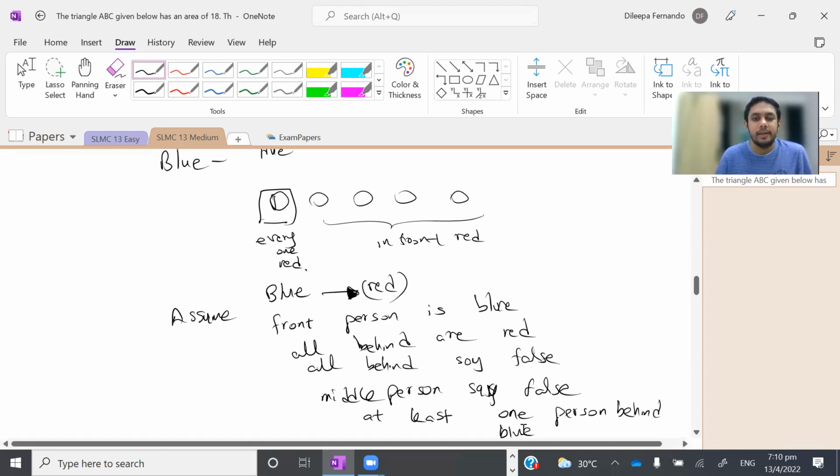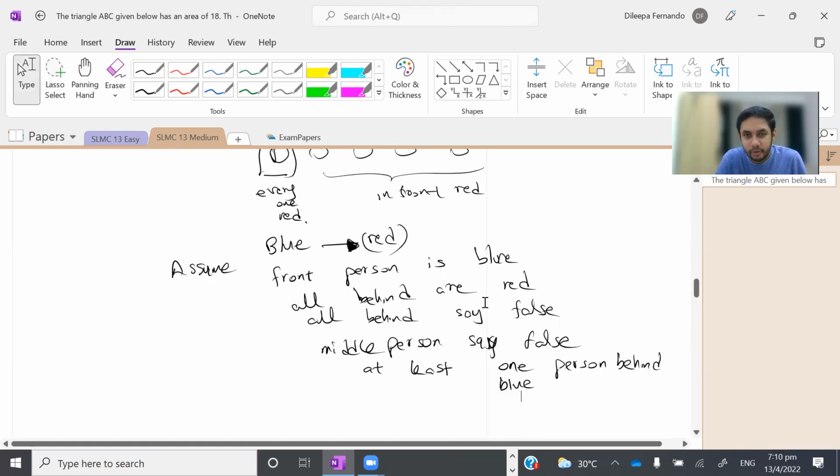Can you see that? All behind say false, and the middle person is also in behind. He also says false, and what he says is, I mean, his front person is red.